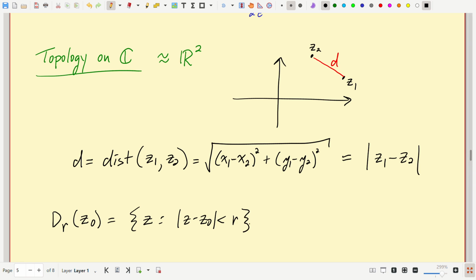That's called the open disk of radius r about z naught. I'll stop using the word open. It's just called the disk of radius r. We always like our disks to be open disks.